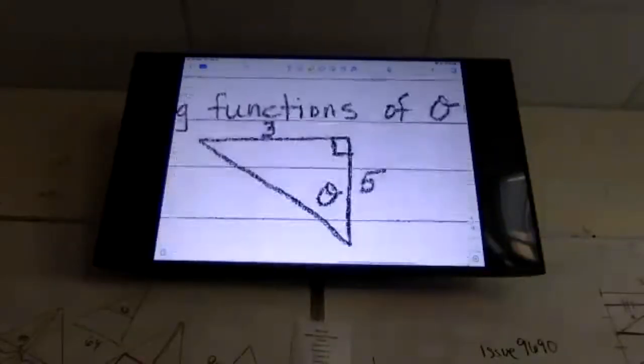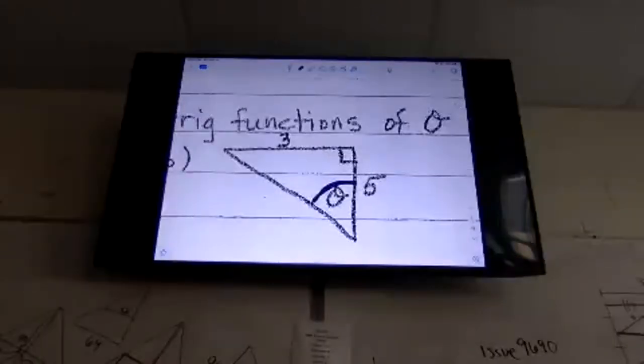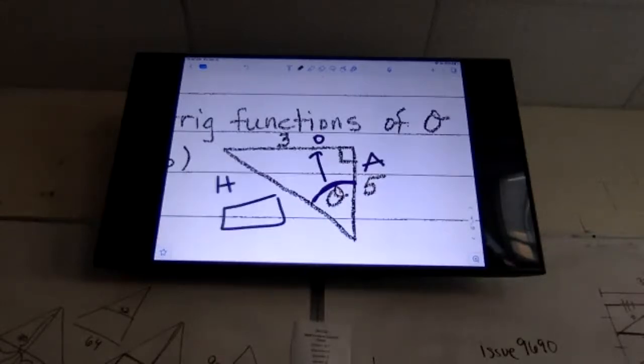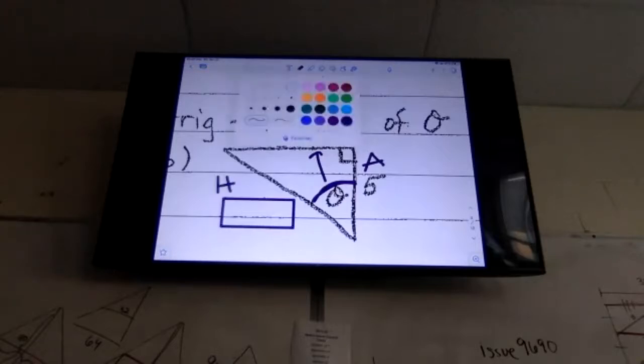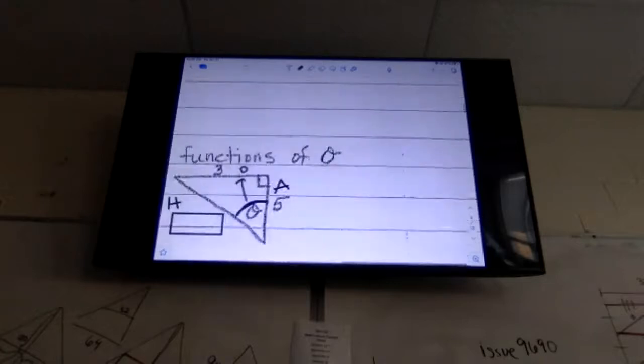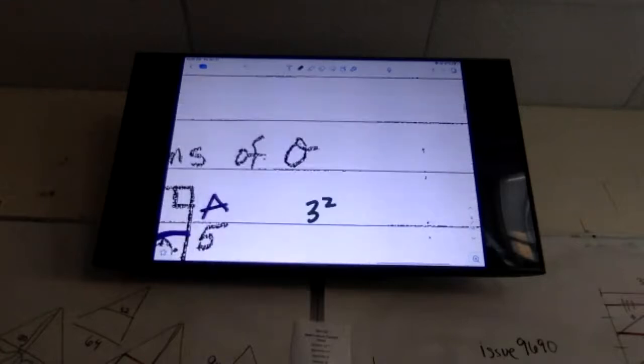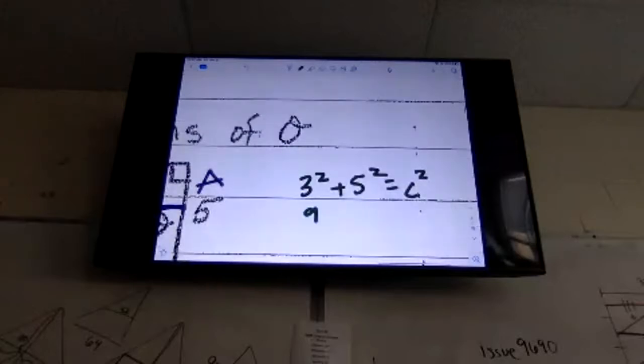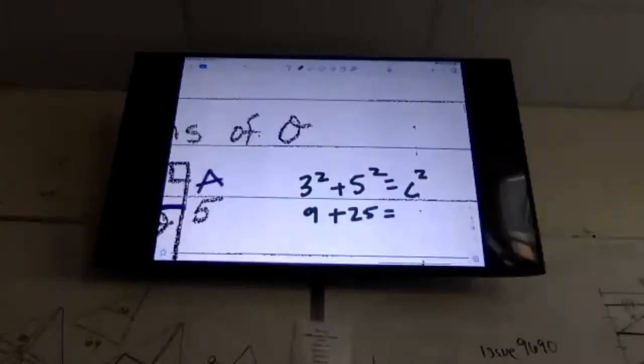This one, here's my angle. What sides do I have? Good, I've got my opposite and I've got my adjacent, and I do not have my hypotenuse, so we need to find that. Which variable is that going to be in my Pythagorean theorem? C, very good. So I'll say, okay, 3 squared plus 5 squared equals C squared. 9 plus 25 equals C squared.